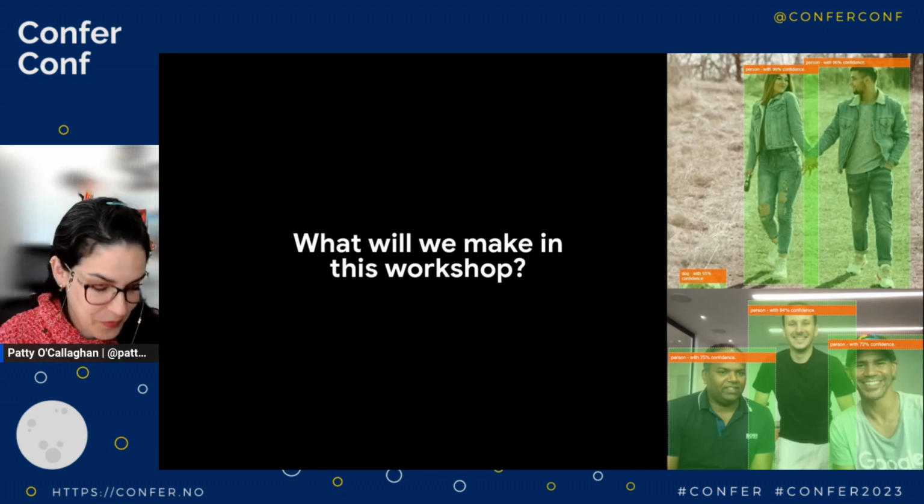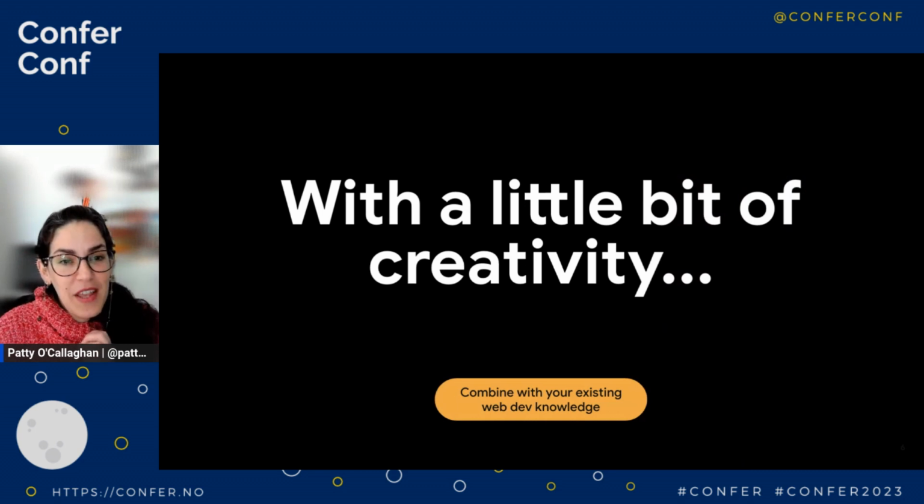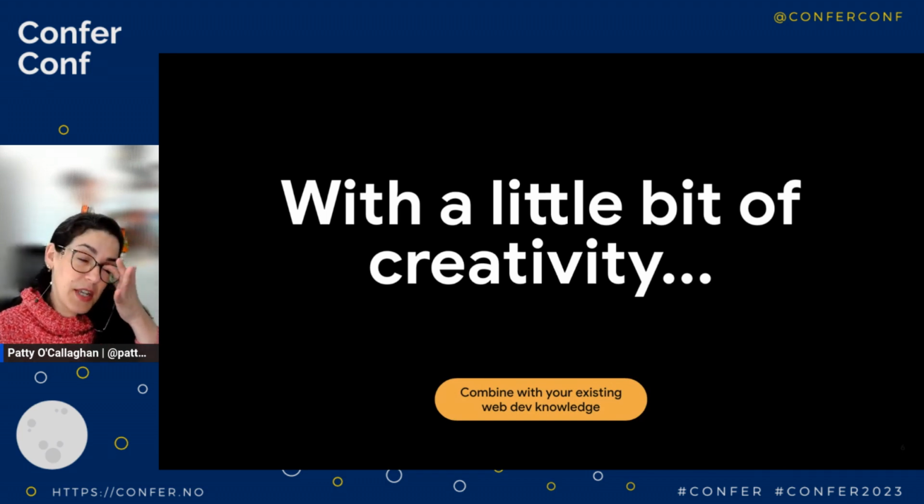All right. The amazing thing about using TensorFlow.js is really cool. One of the most amazing things about it is that you can do so many different things, and with a little bit of creativity and the current knowledge that you might have about web development, you only need to have working knowledge of JavaScript, and of course HTML and CSS.